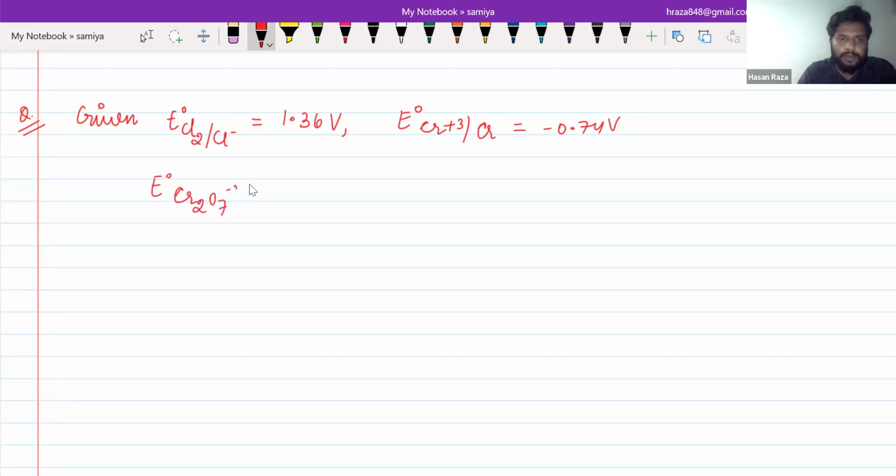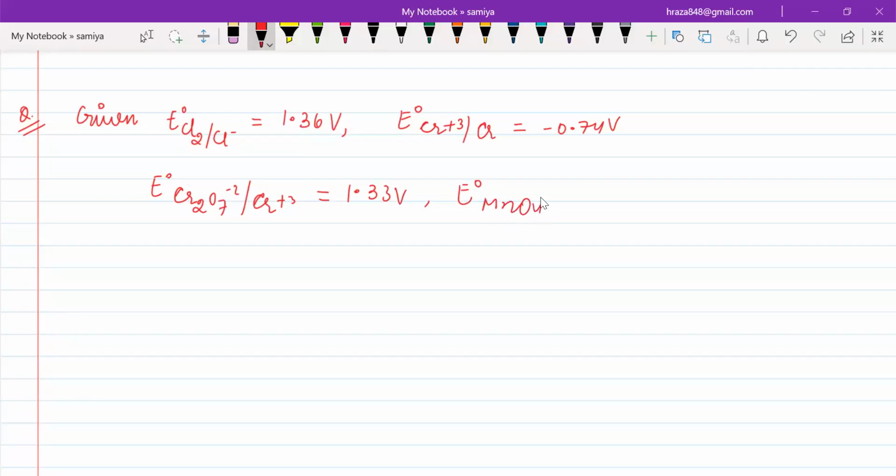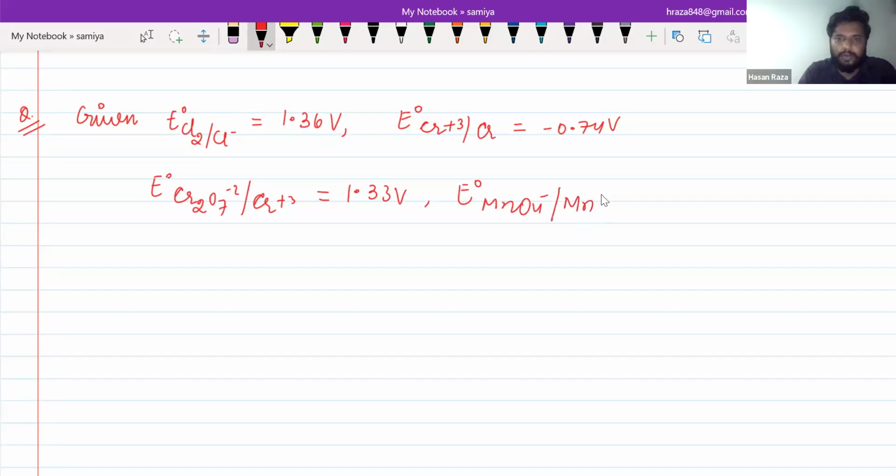Cr2O7 minus 2 slash Cr plus 3 will be equal to 1.33 volt. E0 MnO4 minus slash Mn plus 2 is equal to 1.51 volt. I'm going to give option also.